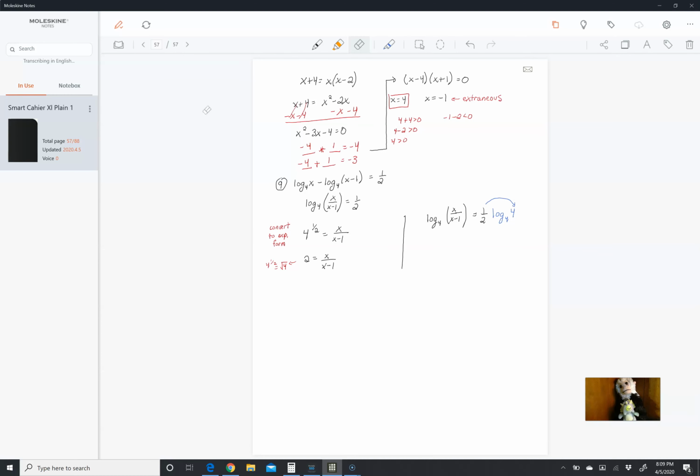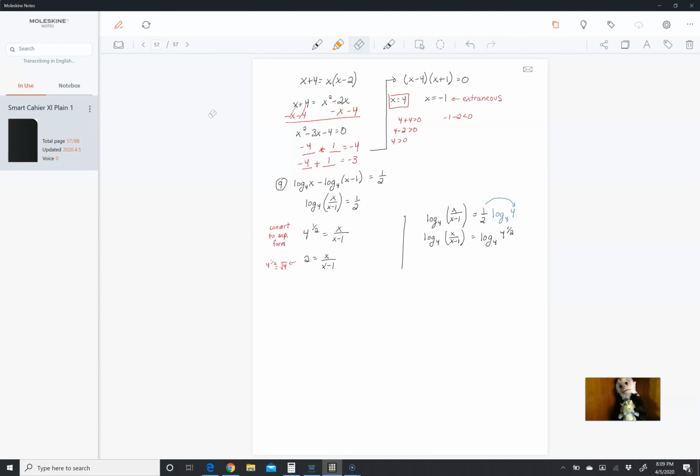We're not changing the value. 1/2 times 1 is just 1/2. So then we have log base 4 of x over x minus 1 is equal to log base 4 of 4 to the 1/2.